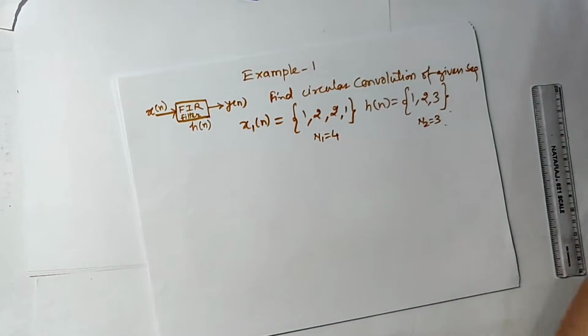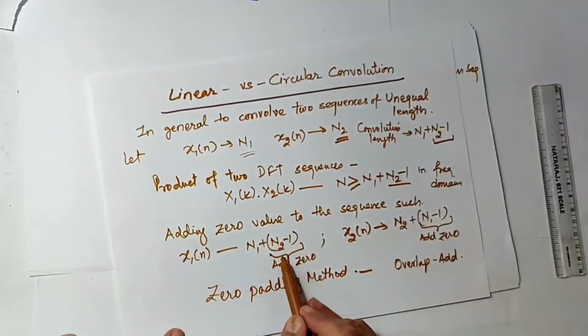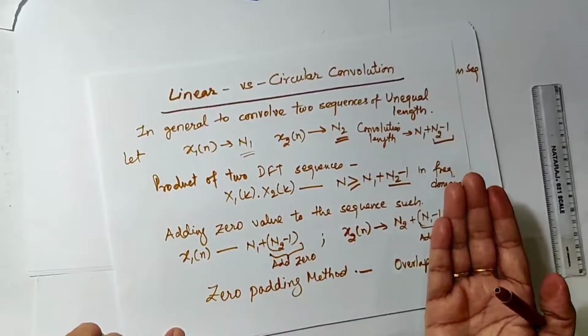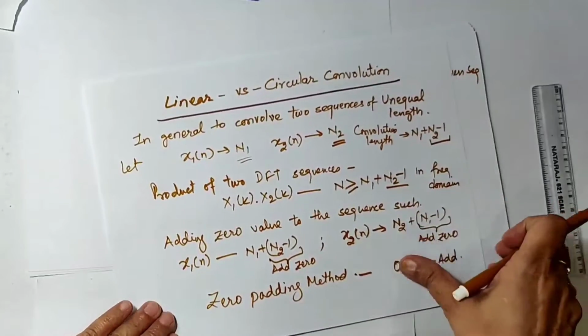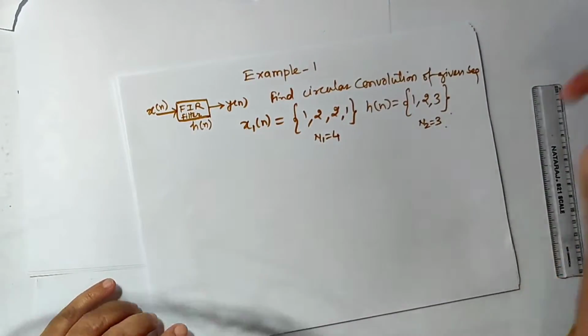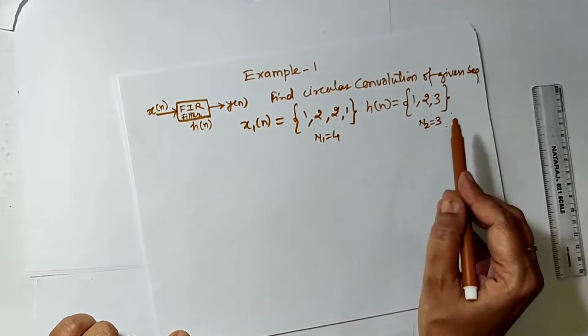Now what do we do? We have discussed that we add N2 minus 1 zeros to x1, and N1 minus 1 zeros to h. Then what does the sequence become? N2 minus 1 means 3 minus 1, that is 2 zeros, added to this.